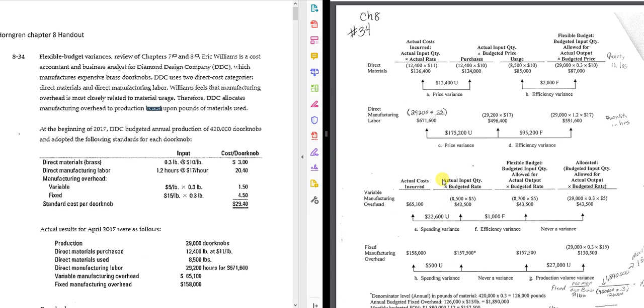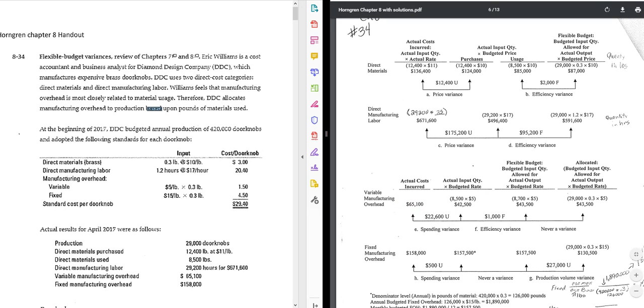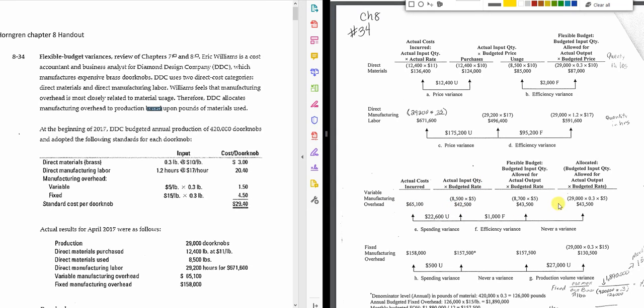Okay, notice under your overheads, get this. Notice these two numbers are the same, and these two numbers are the same. That's why I tend to just say actual cost, flexible budget, and allocated, or I call it applied.